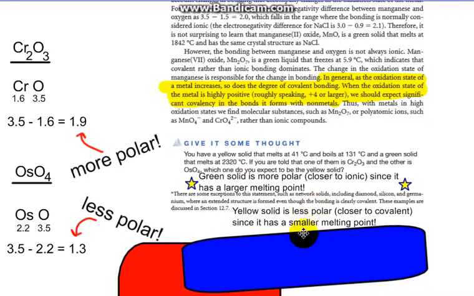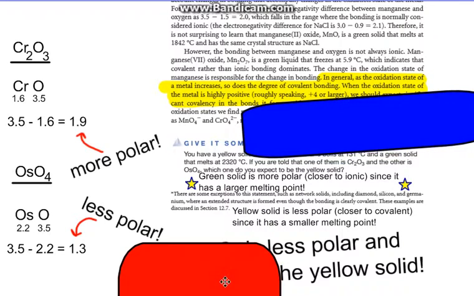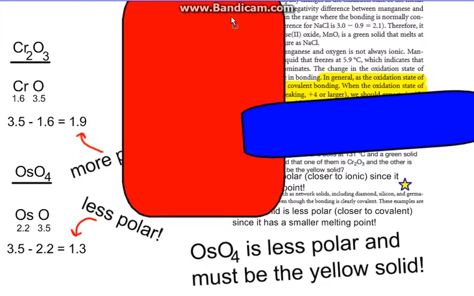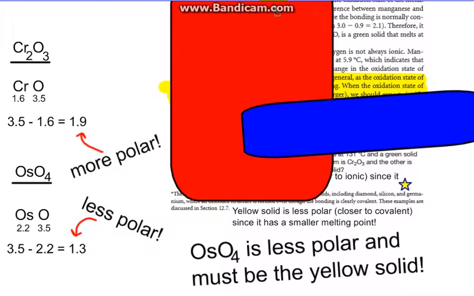And yellow is the less polar one, and we found out that OsO4 is definitely the less polar one. So to answer our question, the less polar one is yellow, and of course that must be OsO4, because it has the smaller number when looking at the differences in electronegativity.